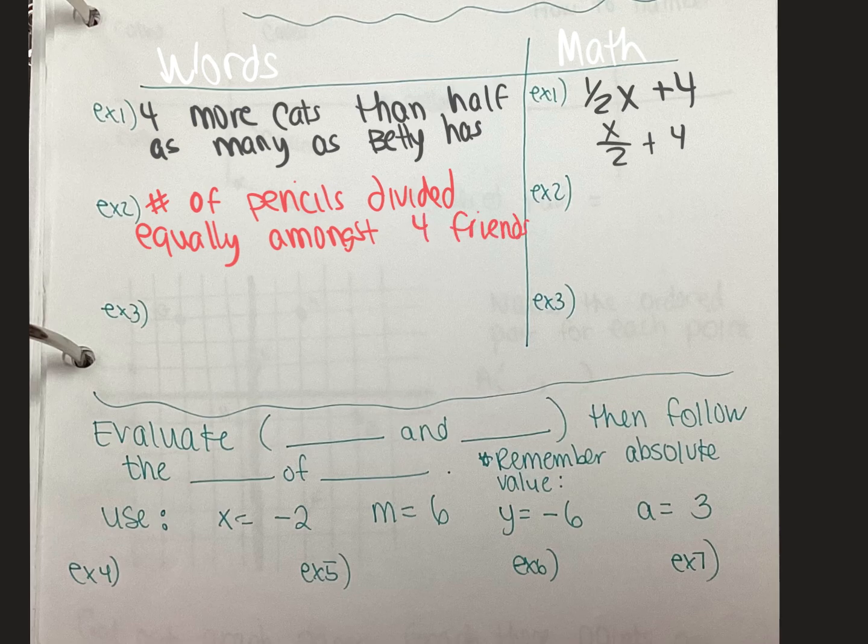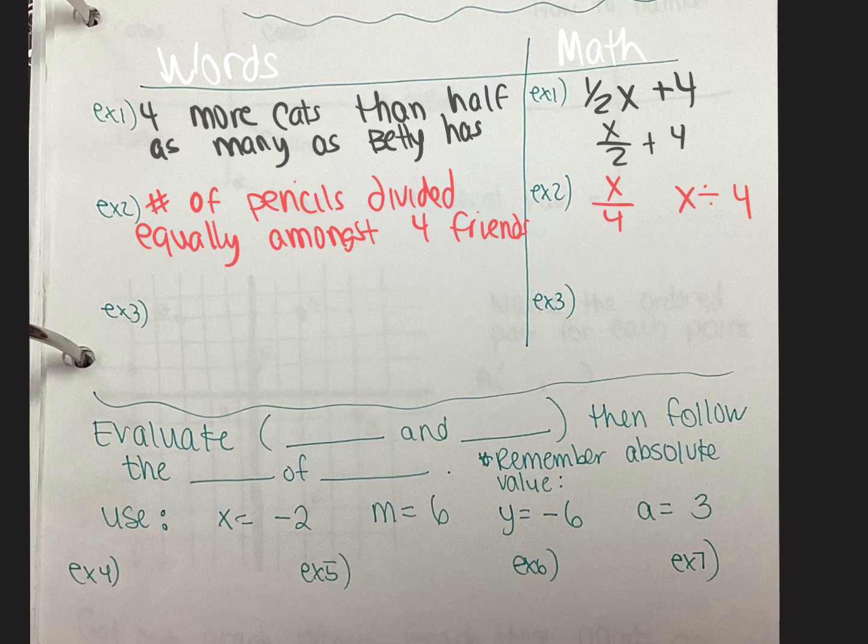Okay, pause the video for sure on this one because I'd like you to try writing what you think the math problem looks like over here. All right, you should have written X over 4 or X division 4. The number of pencils is X. We're dividing it amongst 4 friends.